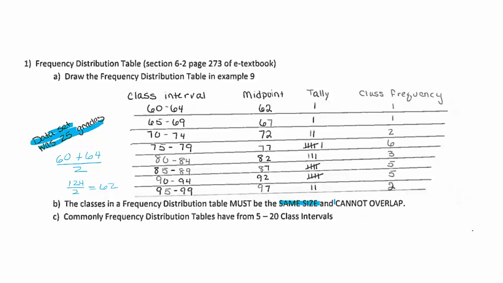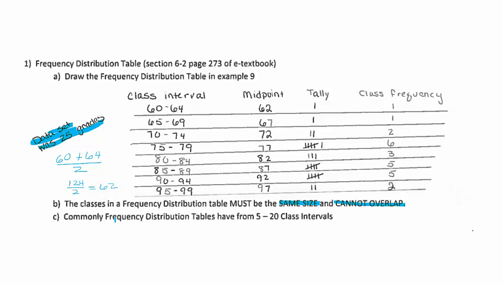The second thing we see is that the classes cannot overlap. So if our data had a decimal to it, we may have made this 64.9, and then the next one starts at 65 and ends at 69.9. The next one starts at 70, but they cannot overlap.